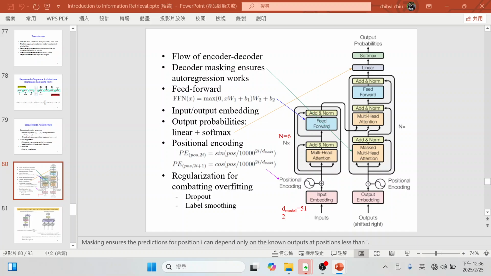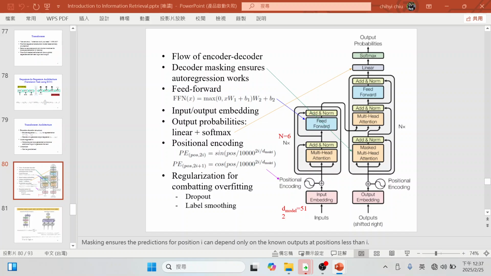Then I calculate all the attention matrix, all the entries with their relations. But I have to put a masking here. Because when I generate the Chinese characters, I will use 我, which means I, I will attend to 我.